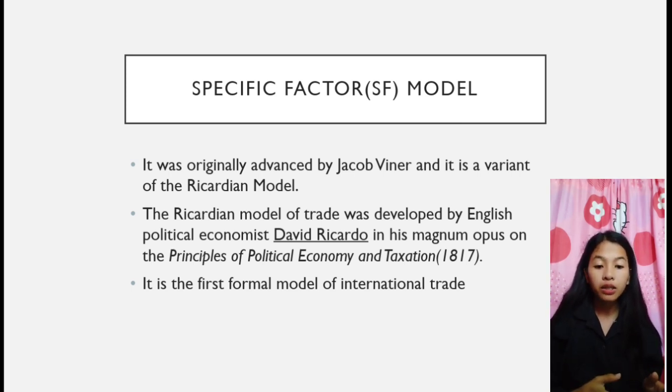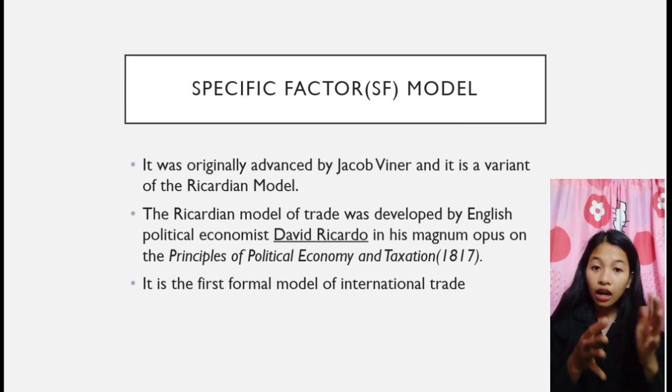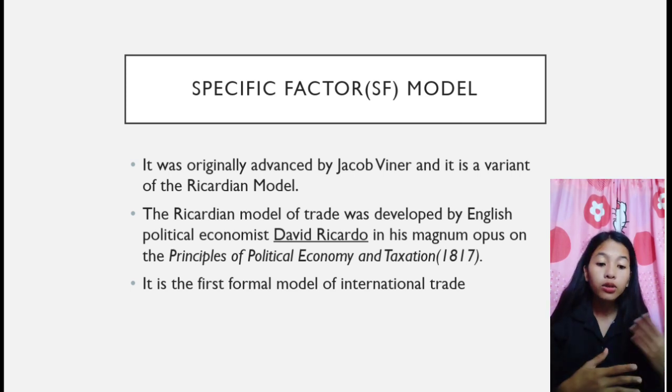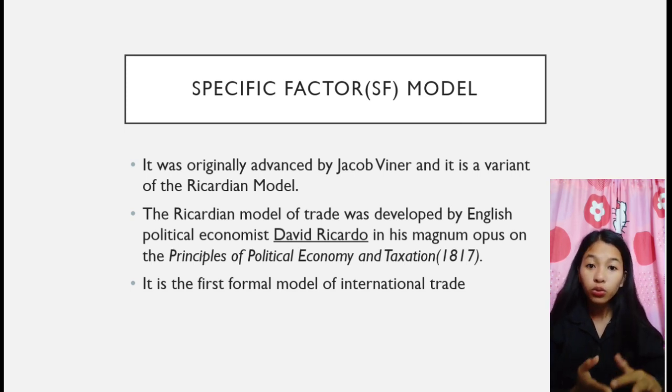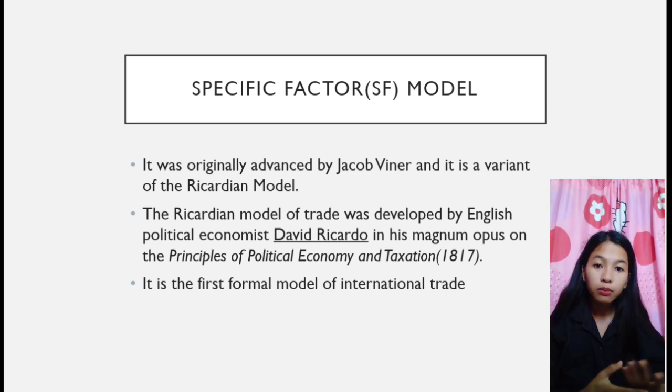In economics, this model helps to analyze how elements like labor, capital, and technology, the factors of production, contribute to productivity and how changes in one factor affect another. So, the specific factor model is very important.